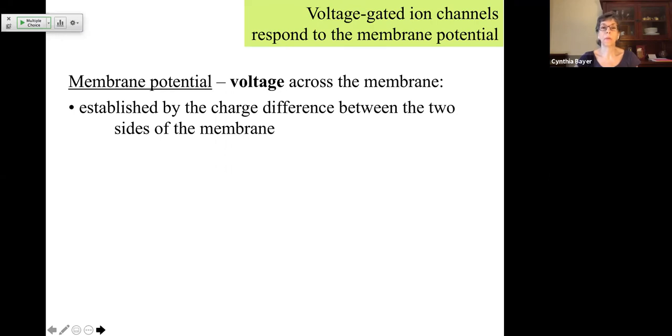Now, we're going to be describing differences in voltage, and we will actually be describing in millivolts what that difference in charge is across a membrane to refer to the different states of this ion channel, different conformation states that the ion channel takes in response to differences in voltage.